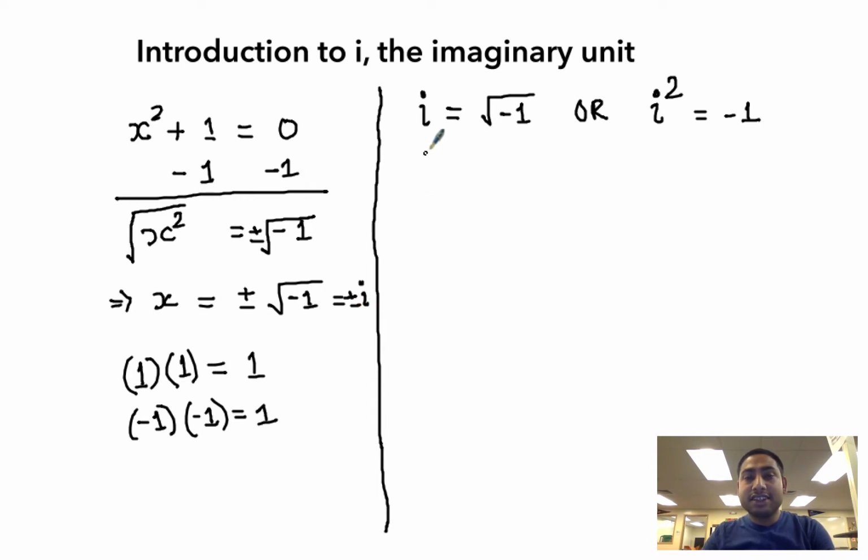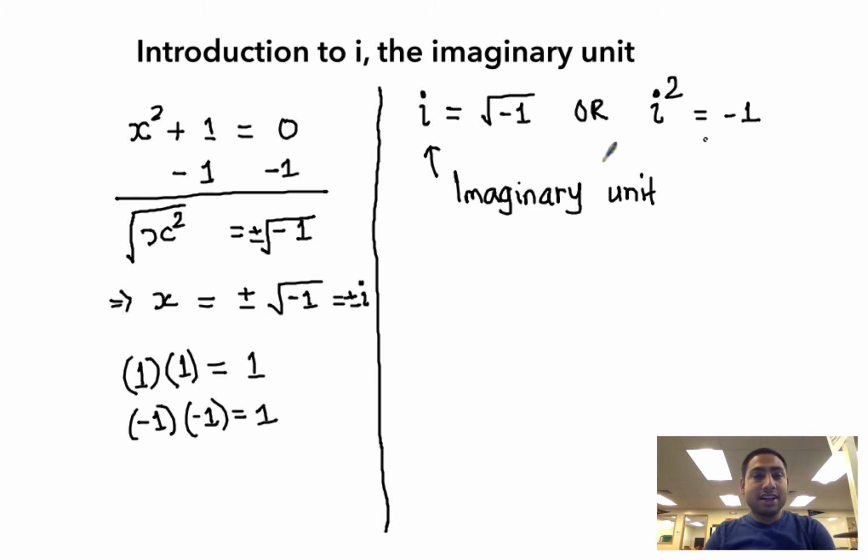So this i right here is called the imaginary unit. Its role is the same as that of our real unit, 1, for the real numbers. i would be the unit for the imaginary numbers. So that's what i is. You just got to remember i is equal to the square root of -1, or i squared equals -1.